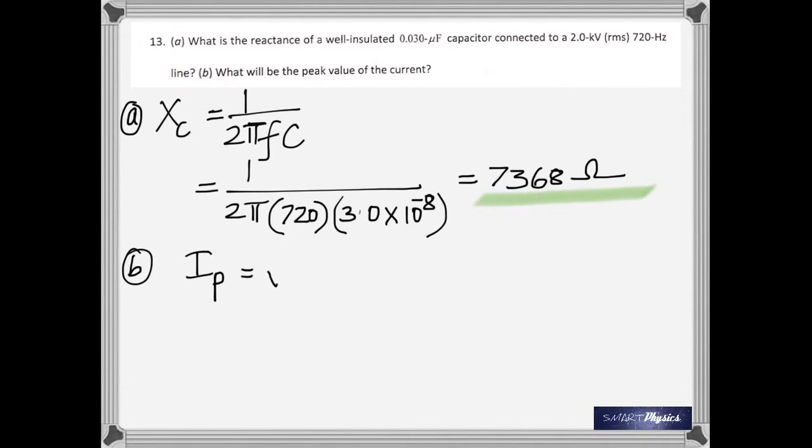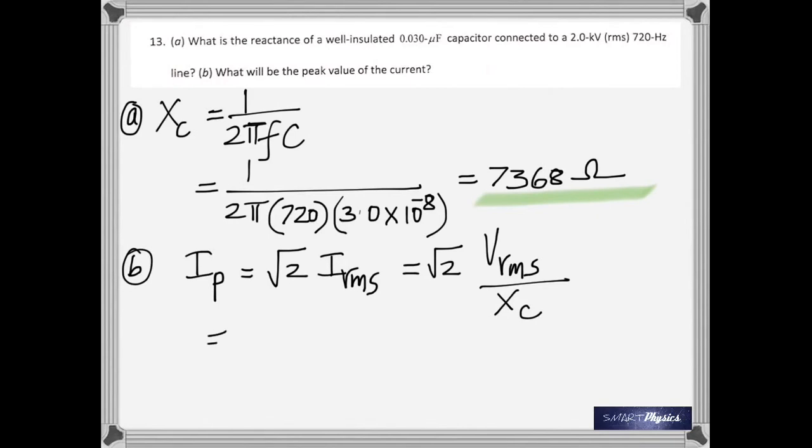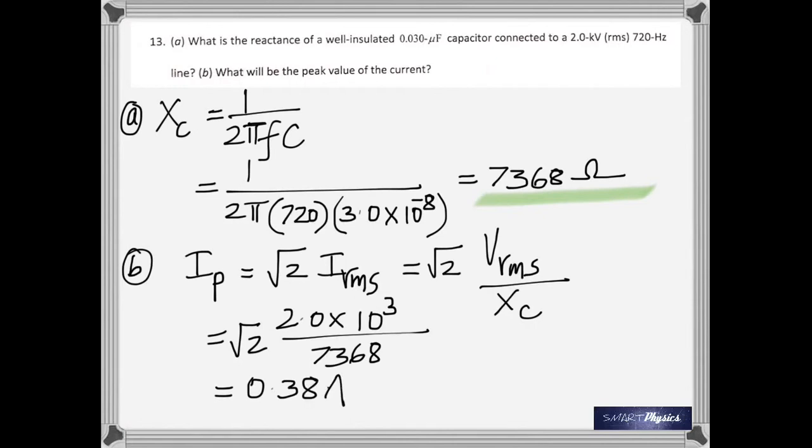Gives 7368 ohms. And then you have to find the peak current, and peak current is square root of 2 times the RMS current. And the RMS can be found out by Vrms by Xc as shown here. Putting everything together, you get it as 0.38 ampere.